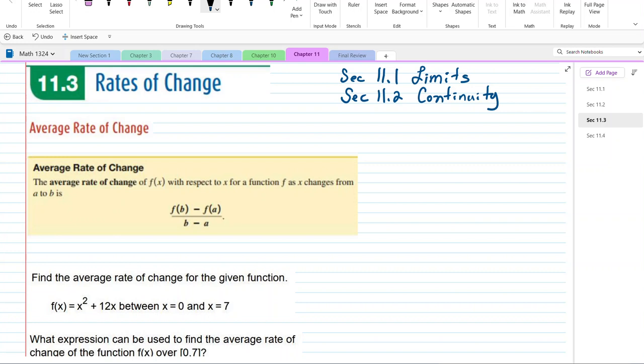And now we're going to rate of change. Okay, rate of change. And this is our intro to calculus with reference to limits.